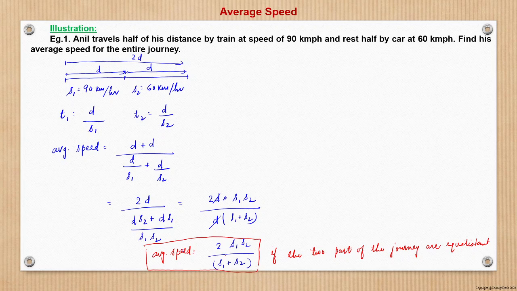We should remember we can only use this formula if the two parts of the journey are of equal distance. Here both were the same, d and d. Therefore we can use this formula now, right?